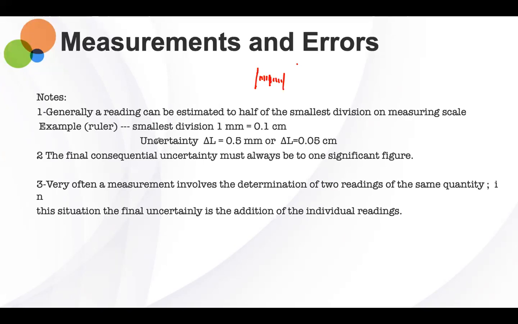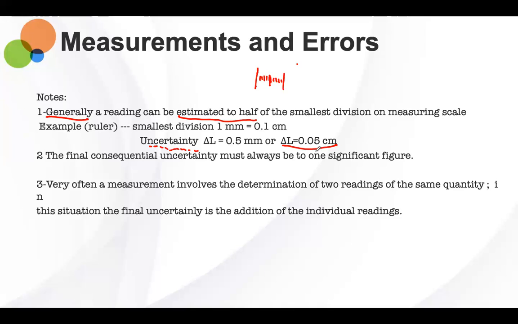Now, the uncertainty for this ruler would be estimated to half of its smallest division on a measuring scale. Let me repeat that. Generally speaking, most of the time you will have the smallest division, which will be 0.1, divided by 2 to represent your uncertainty.